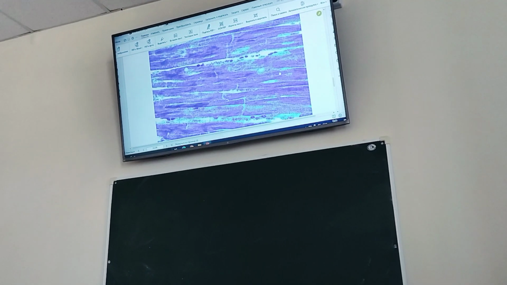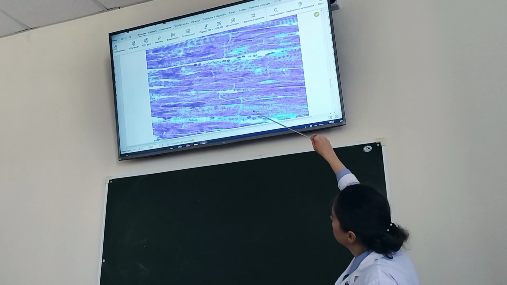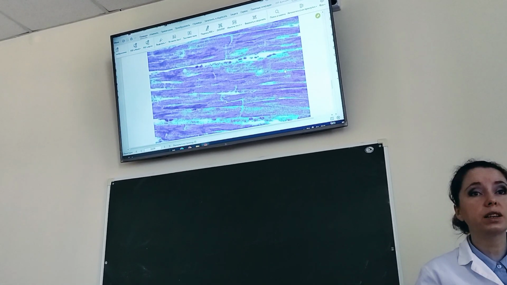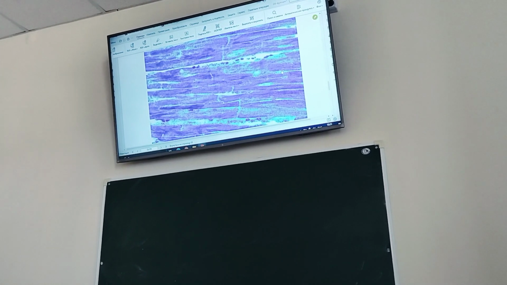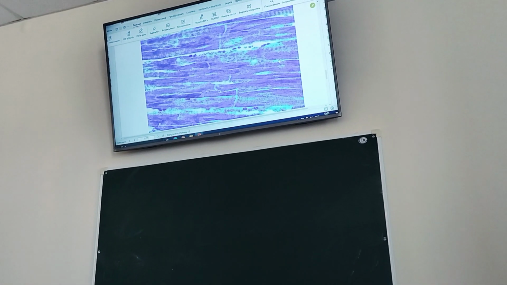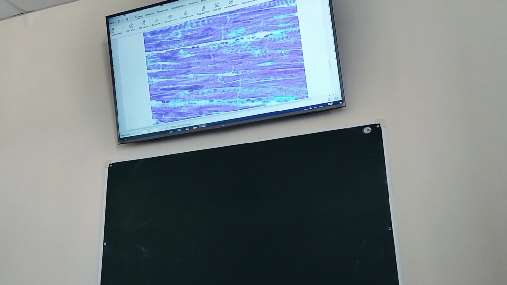Another case. Also striated, right? But now this is cardiac striated muscle. Why? Intercalated disc. First of all, you start with the structural and functional unit.